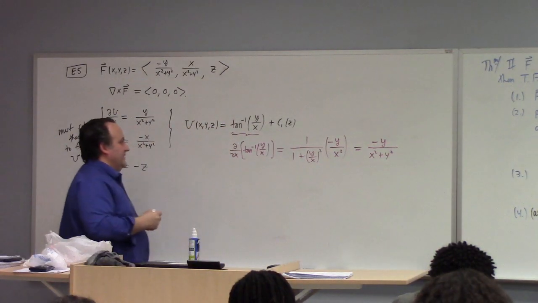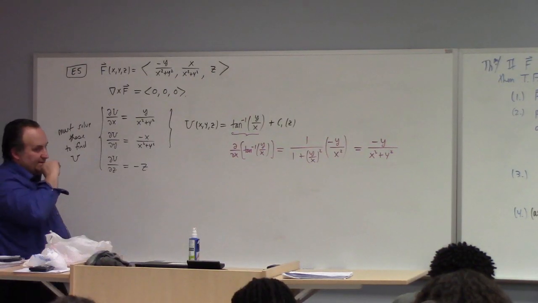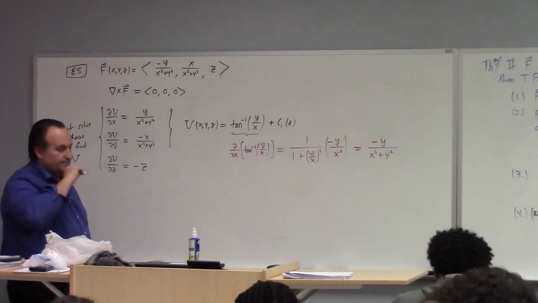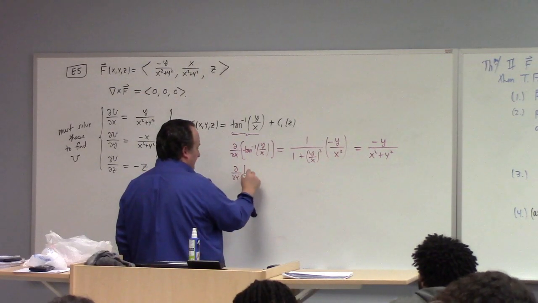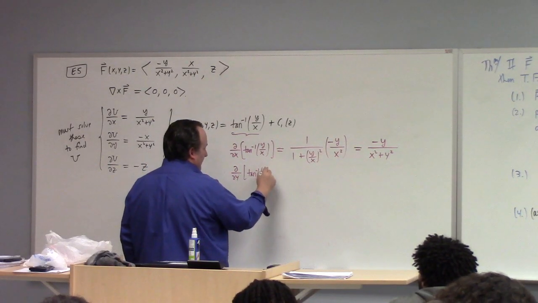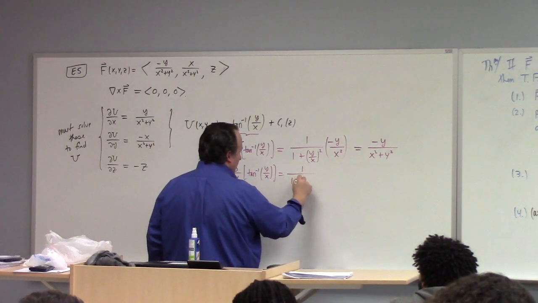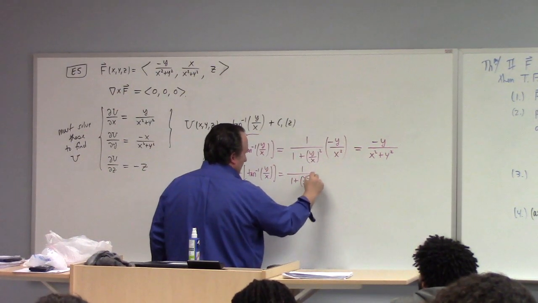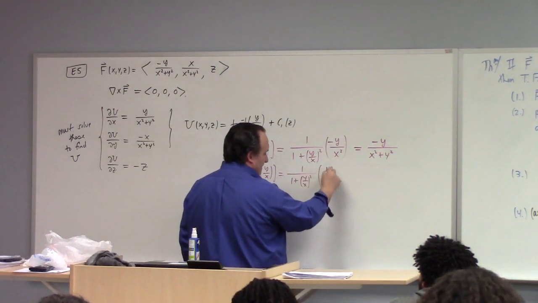Except, oh man, what have I failed? What am I missing? What happens with the y derivative here? The derivative of the inside function is just 1 over x this time, yeah?